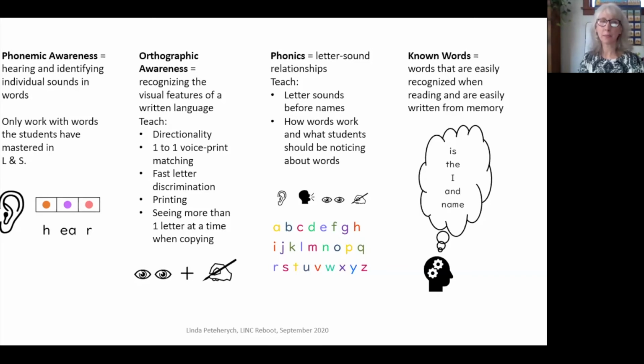So they really have to become familiar with the print. And then phonics, the letter sound relationship. So the relationship between phonemic awareness and orthographic awareness. And I tend to teach my students the letter sounds before the letter names. And we also have to teach our students how words work and what they should be noticing about words.